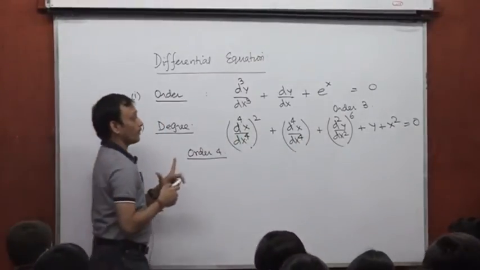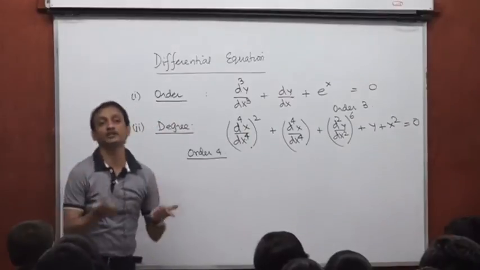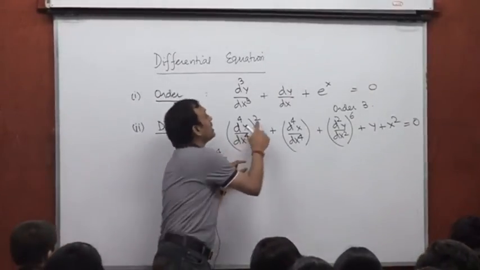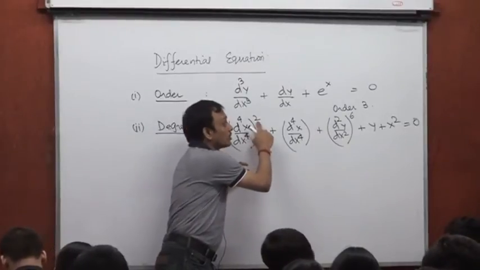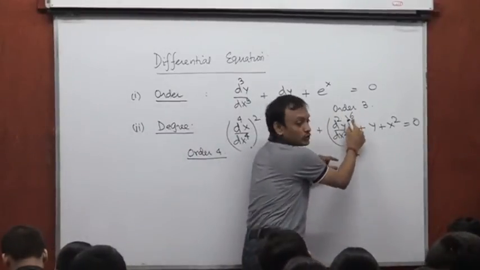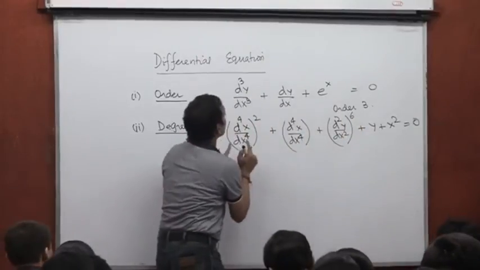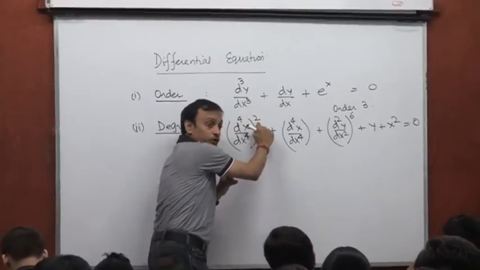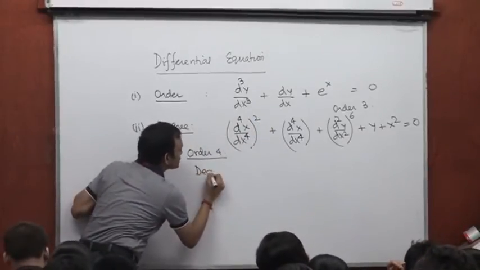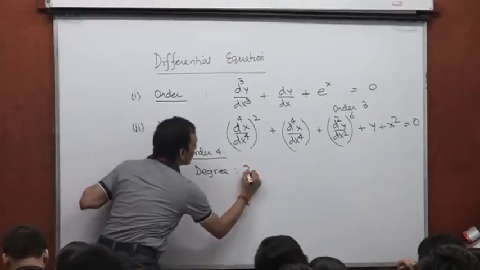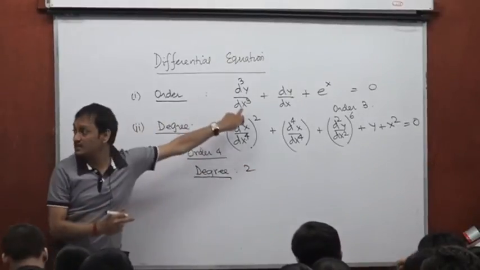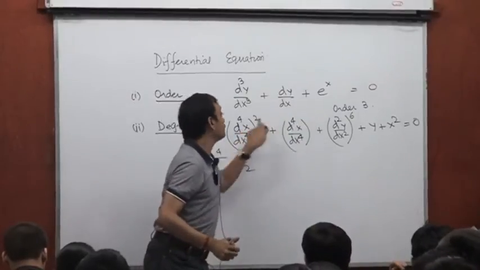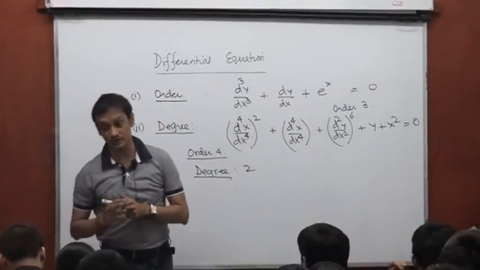Now, what's the highest power of the highest order derivative here? See, the 4th derivative is appearing here as well as here, but the highest power is 2. Although the highest power of all derivatives put together is 6, what we are seeking is the highest power of the highest order derivative. That's 2 here. So the degree of this differential equation is 2. The highest power of the highest order derivative, that's the degree of the differential equation.